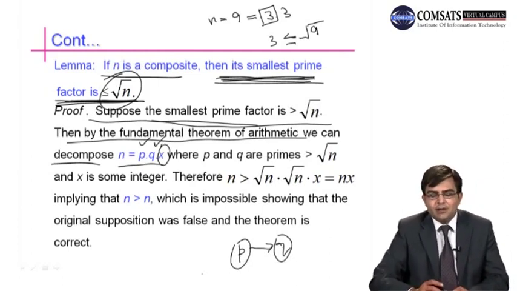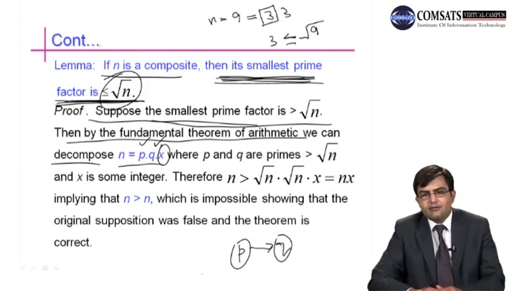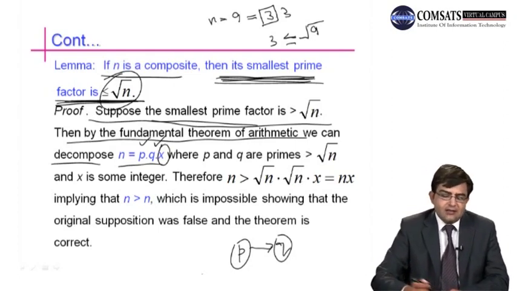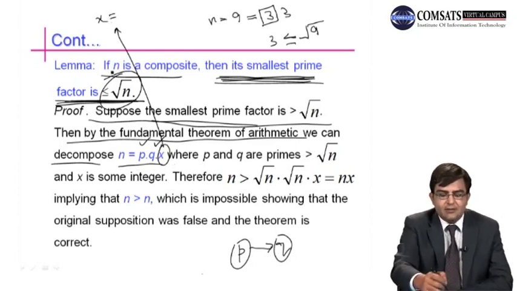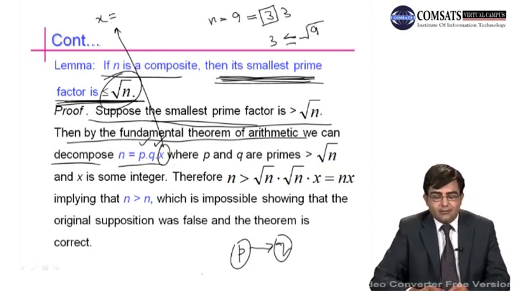It may be prime, it may be composite, but we can write n as a product of two primes and some other factor.